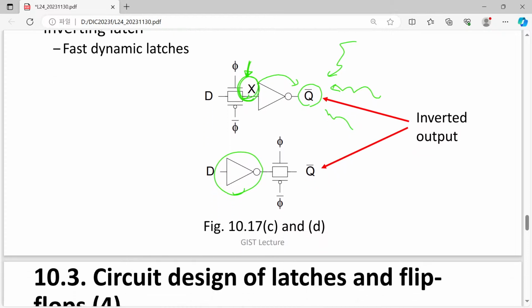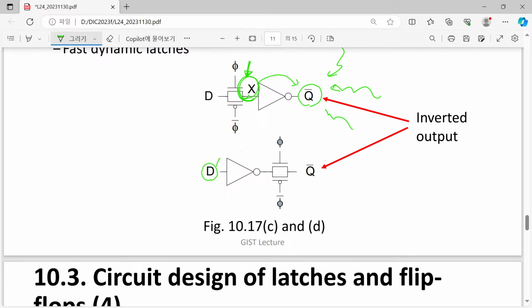Another one is where we have an inverter located in front of our transmission gate. Then what is the beauty of this one? Now D is inverted, of course, and the signal becomes D bar, and this D bar signal is applied to this transmission gate.